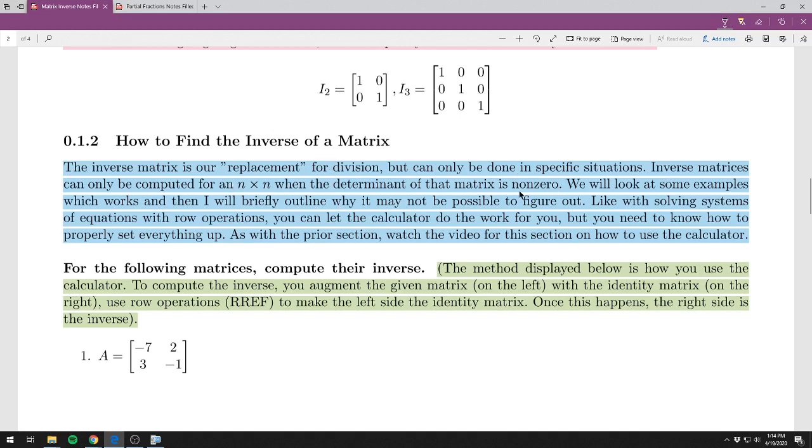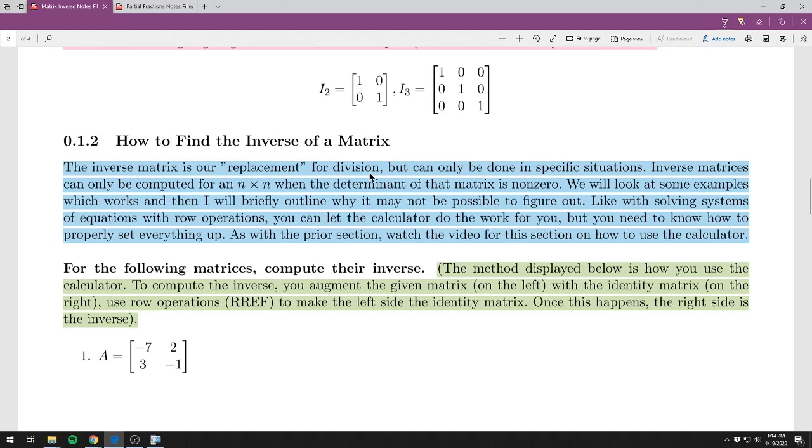Now don't worry, the method we go through and do it, you don't actually check the determinant. It's just sometimes you may run into the case where you can't compute the inverse. And if that happens, that means that determinant is actually 0 and there is no inverse. It's sort of like you can't divide by 0. Since it's our replacement of division, you can't divide by 0.